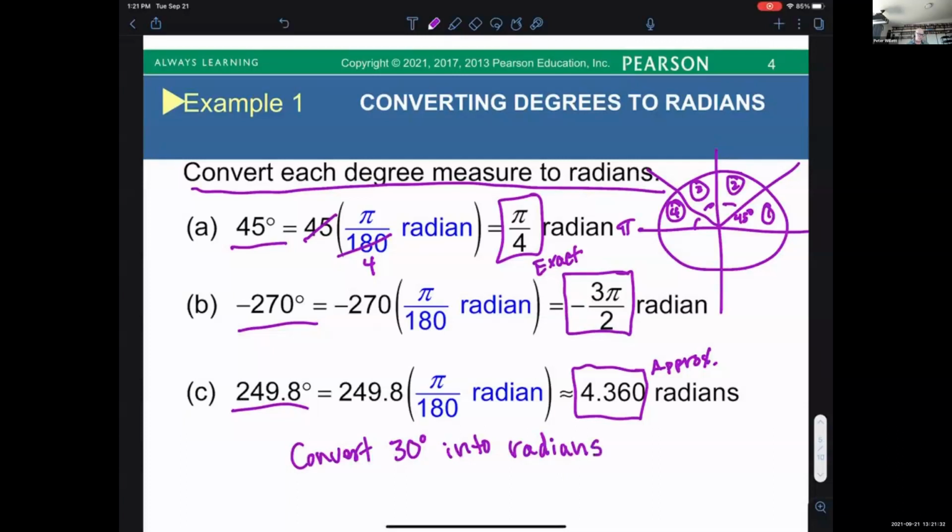And see if you could imagine coming up with the exact value for that. And then, of course, you could type that on a calculator to get a decimal approximation as well. But try to come up with the exact value of that, meaning that there'll be some multiple of pi kind of a thing in your answer. So give that a try. And if you're willing to share what you got, great. But either way, give it a try just so you're feeling that you're trying to apply this formula and use it correctly.